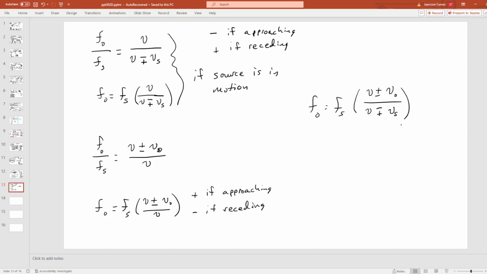And take the top of your signs if your observer and source are approaching, and take the bottom signs if receding.